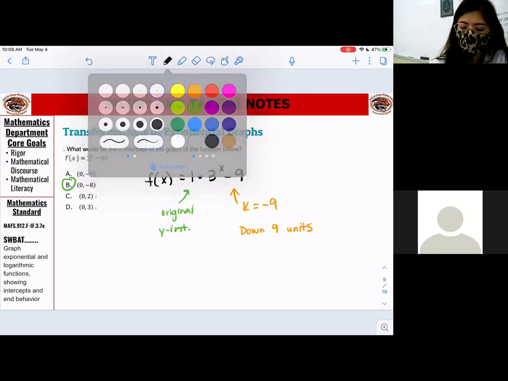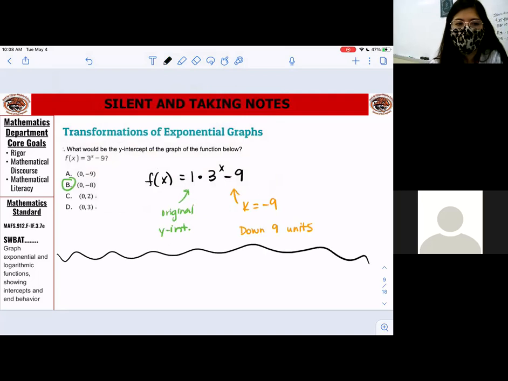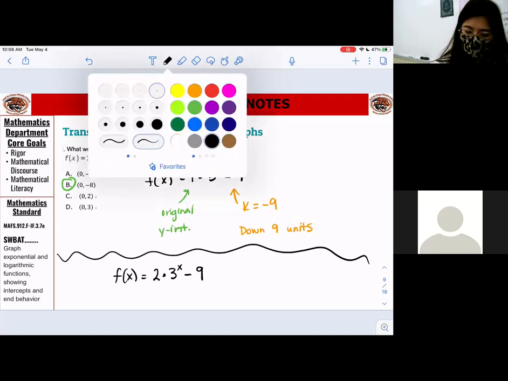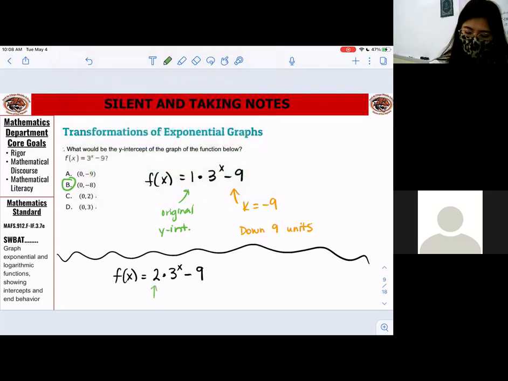Now, let me change things up. Let me give you a different example. What if it was this? What would be the y-intercept? What is it? -7. This means it starts at 2 this time. So 2 minus 9. The original y-intercept is 2.